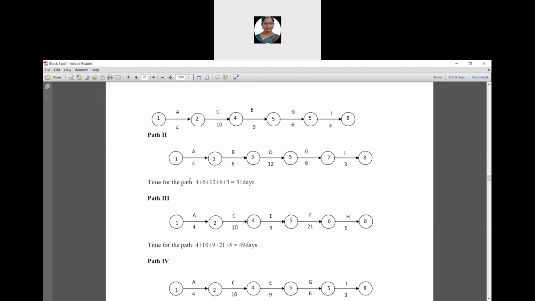So we have to find the time for path 2. That is 4 plus 6 plus 12 plus 6 plus 3. It is 31 days.